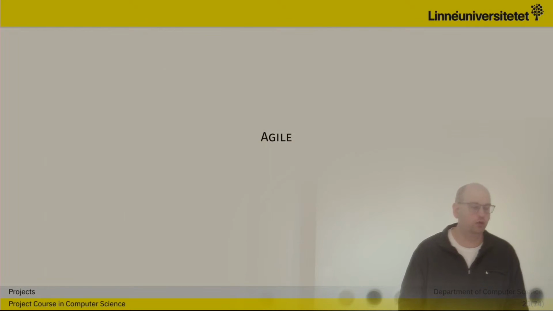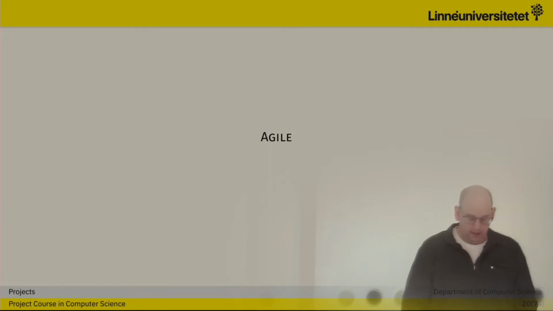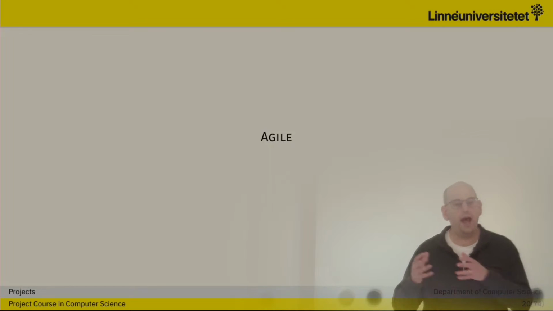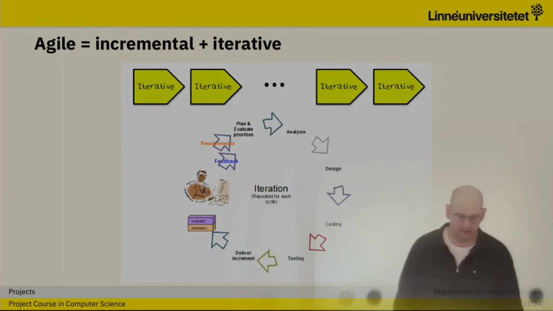All of this leads to Agile, which basically means that we push everything together to make it as a whole instead. Meaning that we take both the iterative and the incremental parts and put it into something, just as it says over here.